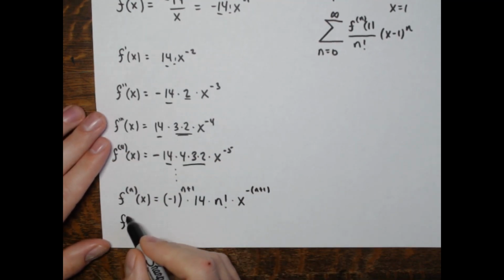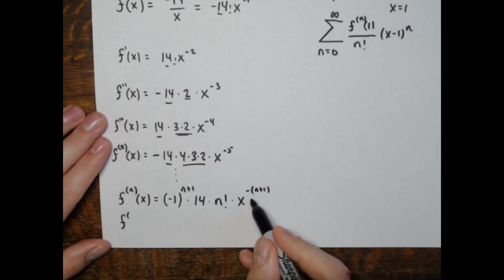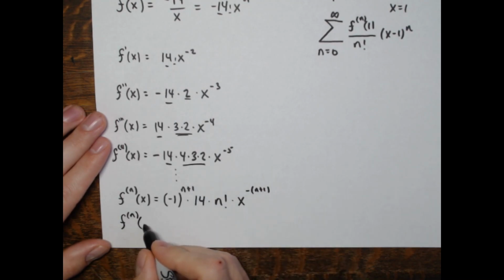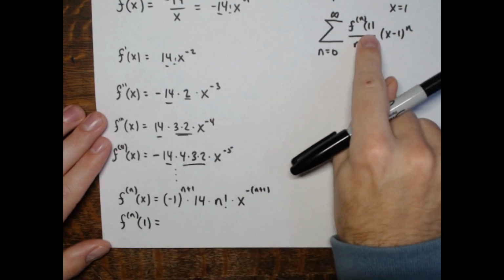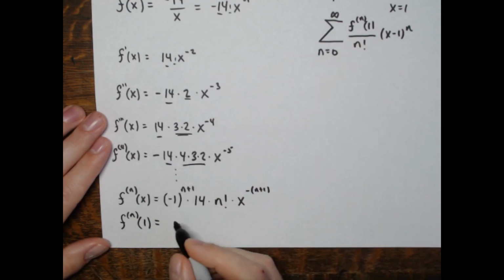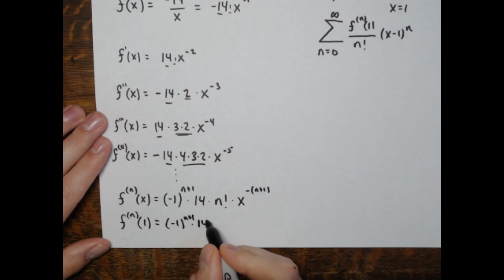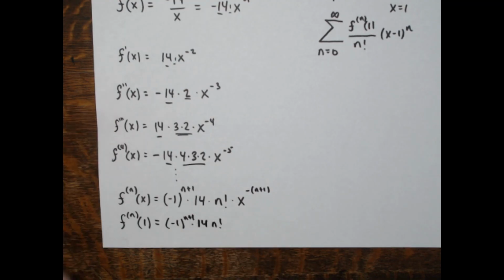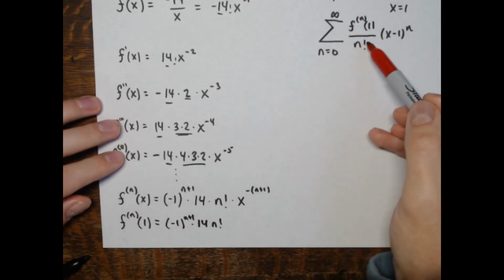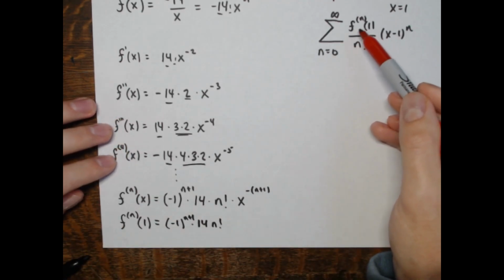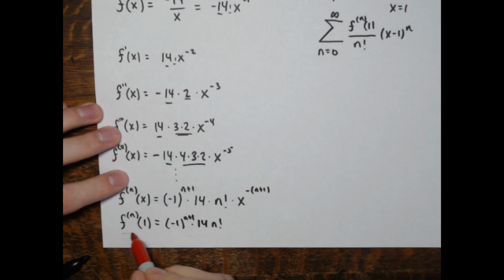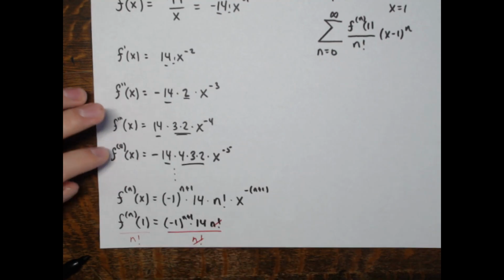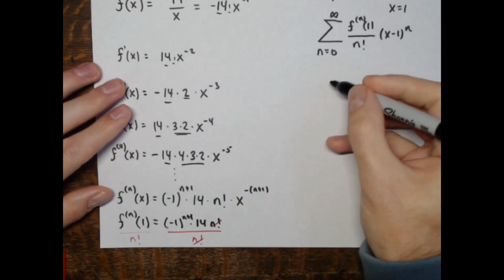Now when I plug 1 into this, that'll just make this 1 to a power go away. So the value of every derivative at 1, which is what we need for our Taylor series, is just -1 to the n plus 1 times 14 times n factorial. And then don't forget for our coefficients, this value of every derivative at 1 is going to be divided by n factorial. If I divide by n factorial, that'll make the n factorials disappear, and we get the following series.